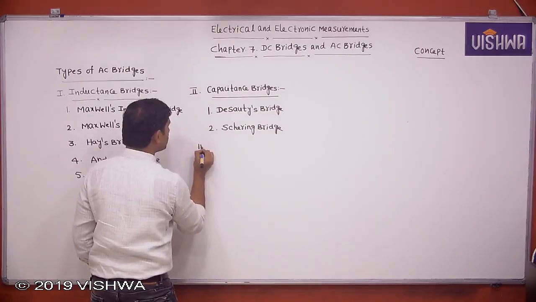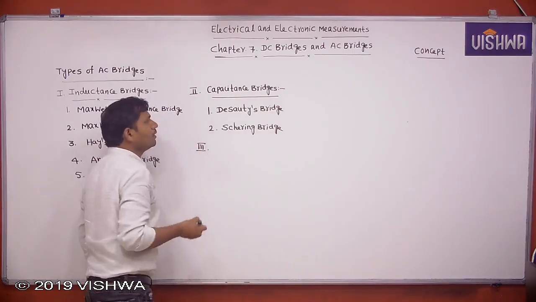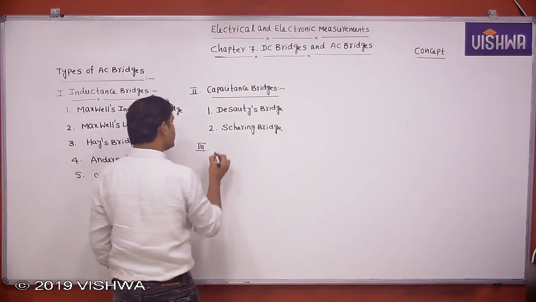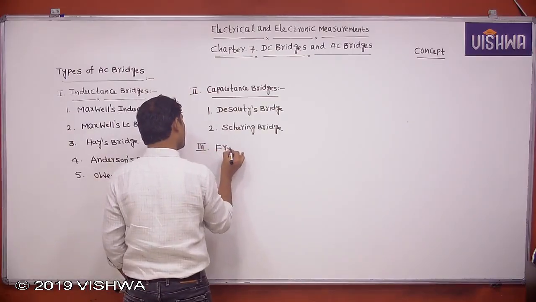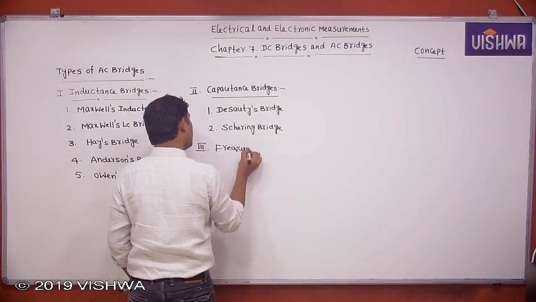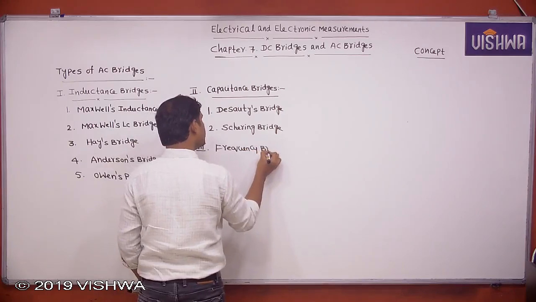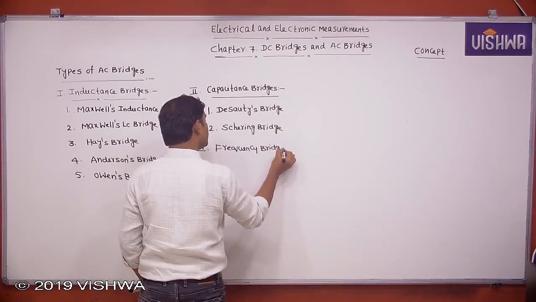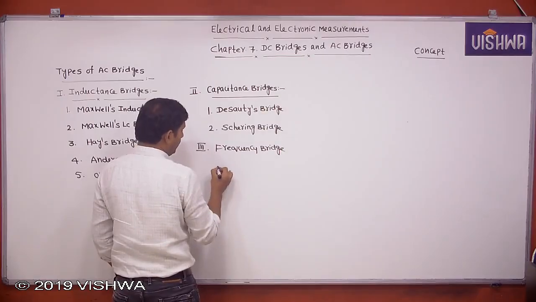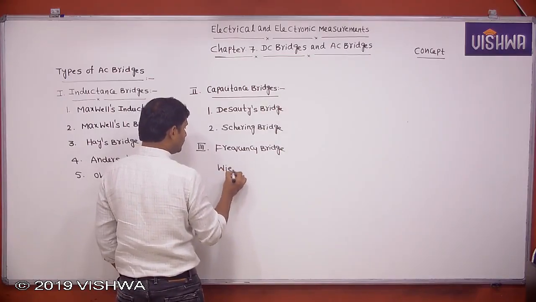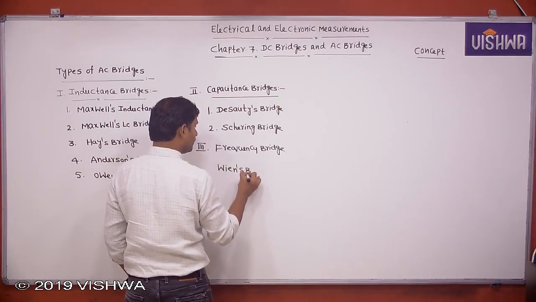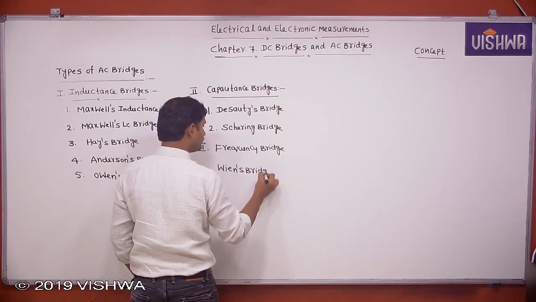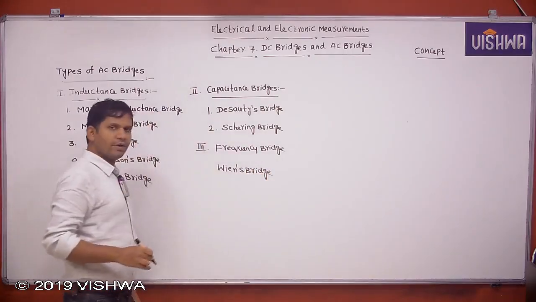The third one is frequency bridge. That is Wien's bridge. Wien's bridge is the frequency bridge.